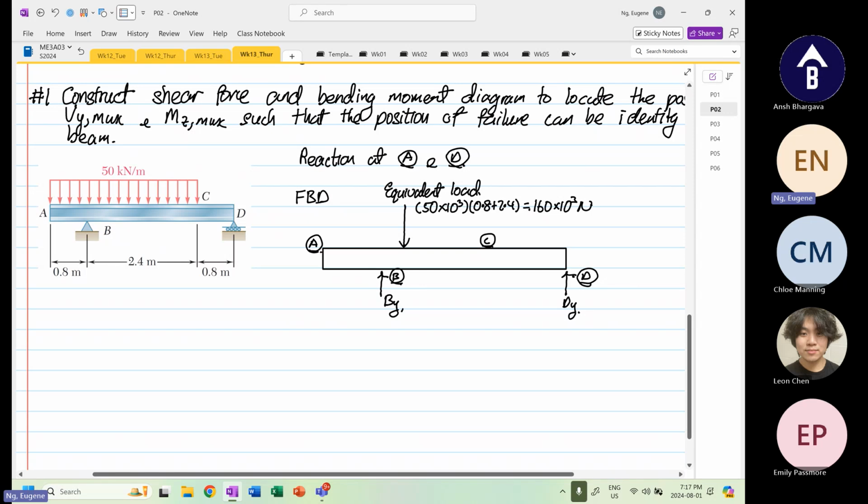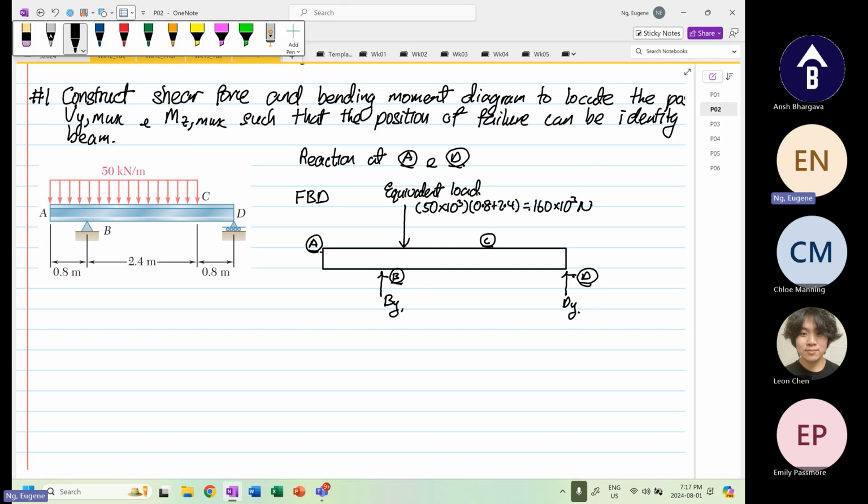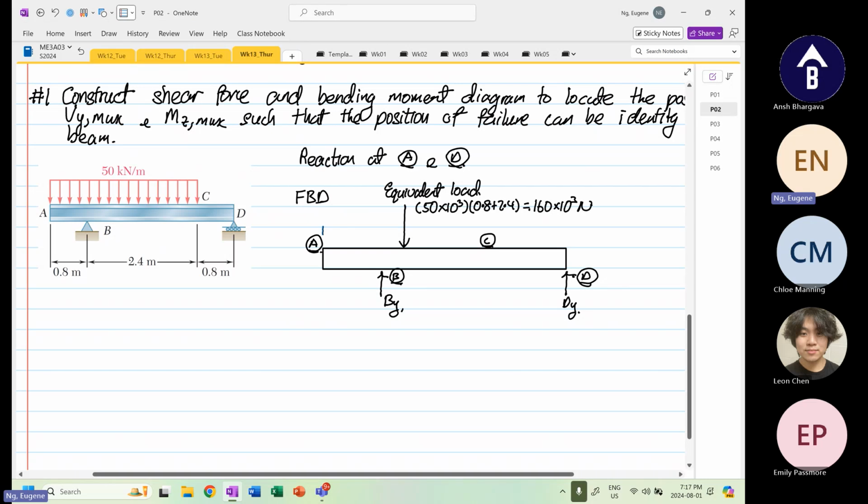Once you got the position, immediately put in the distance. Okay, this is good advice. So the distance from here to here is equal to 2.4. Okay, so I'll write down the formula in case you guys forget. 2.4 plus 0.8 divided by 2, 1.6.